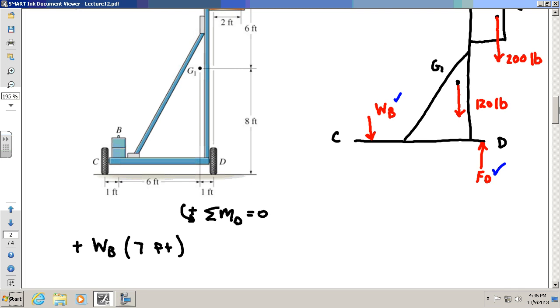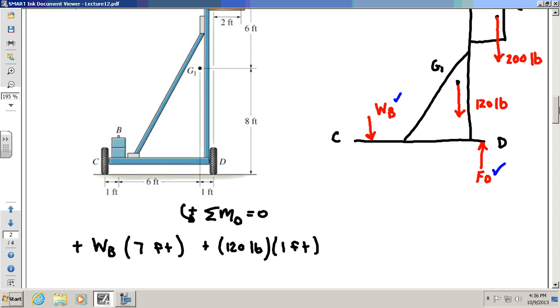And what else do we got? Well, we got the 120-pound force at G1. So we got 120 pounds. The perpendicular distance between G1 and D is just 1 foot. And that is also a positive moment, counterclockwise around D. So we'll call that a plus.